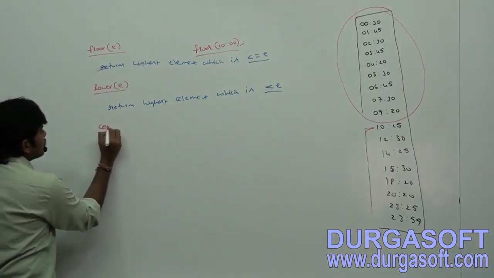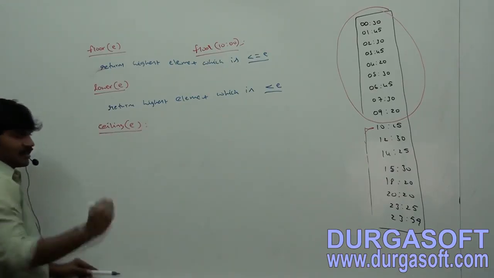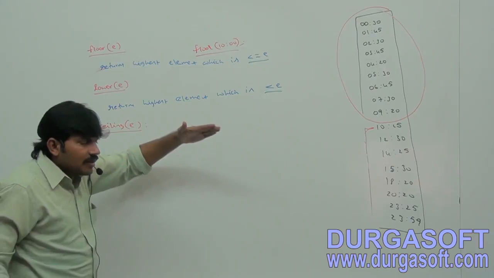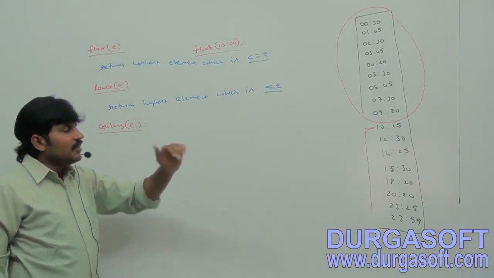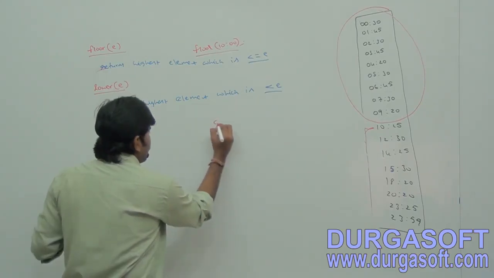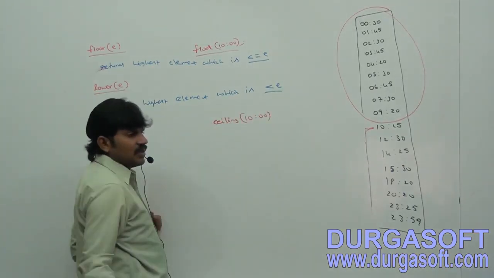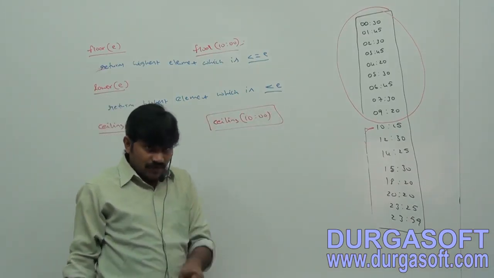Similarly, ceiling of E. Now, take care. What is ceiling of E? Either 10 or after 10. What is the first flight? Ceiling of 10: either 10 or after 10, what is the first flight?